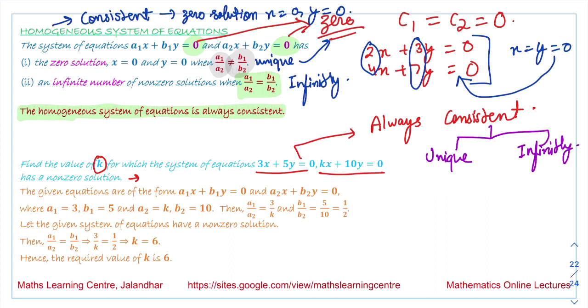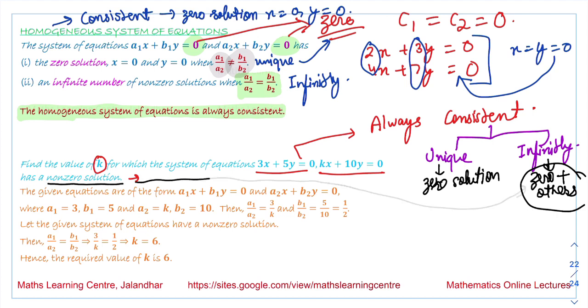The unique solution in this case is always the zero solution. Infinitely many solutions means it has the zero solution plus others also. There are other values also which satisfy these equations. So when it should have a non-zero solution, we are talking about the case of infinite solutions, and these equations will have infinite solutions if a1 over a2 is equal to b1 over b2.